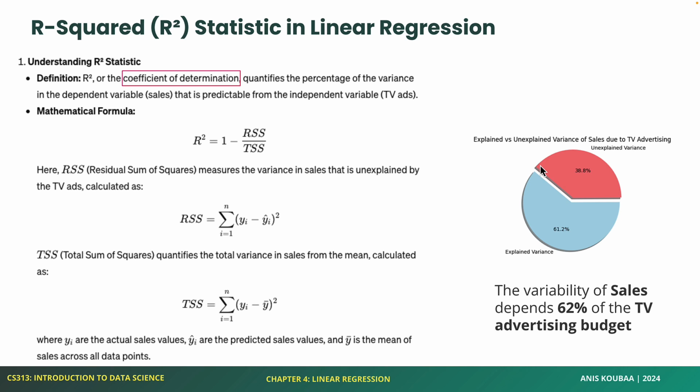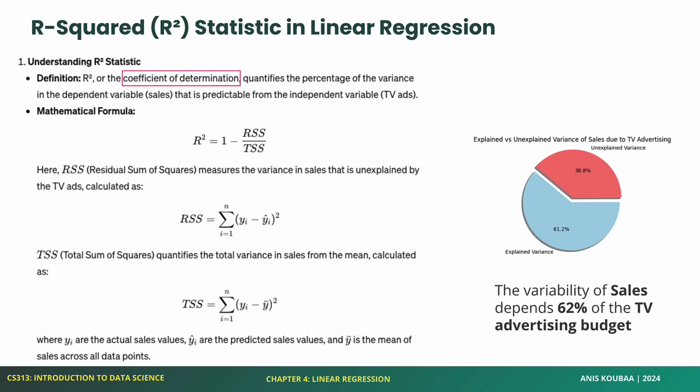Now the second metric is the R-square statistic, which we use in linear regression, and it is called the coefficient of determination, which quantifies the percentage of the variance in the dependent variable, which is the output, that is predictable from the independent variable. In simple words, if I make a linear regression between TV and sales, it's how much the TV budget affects the sales. It's kind of a correlation.